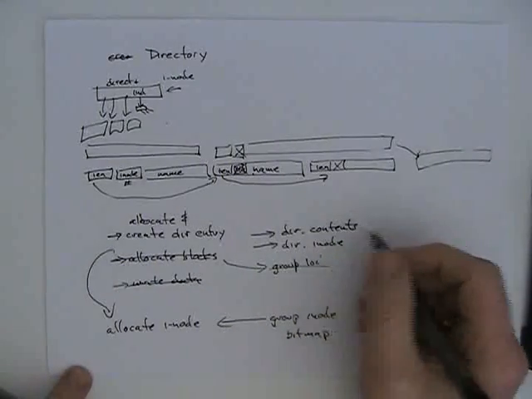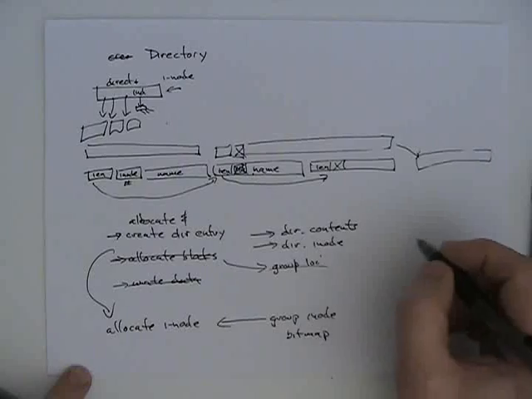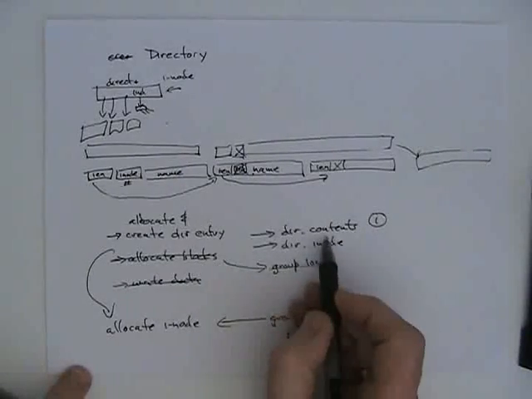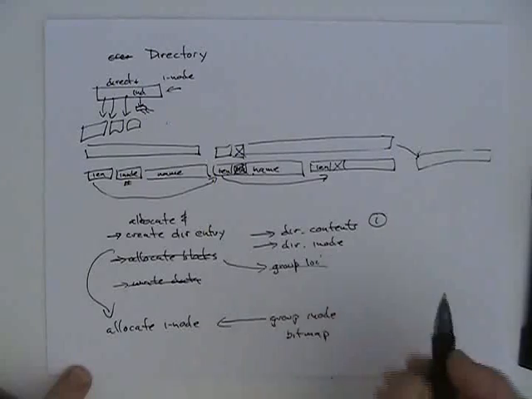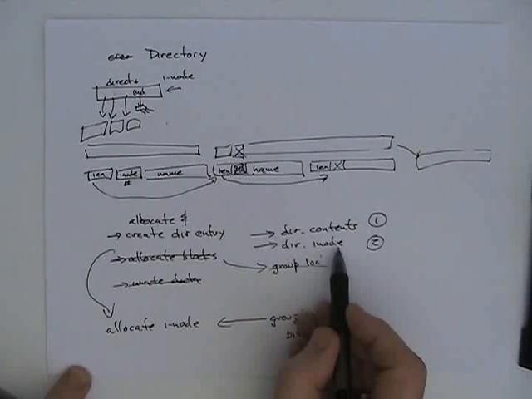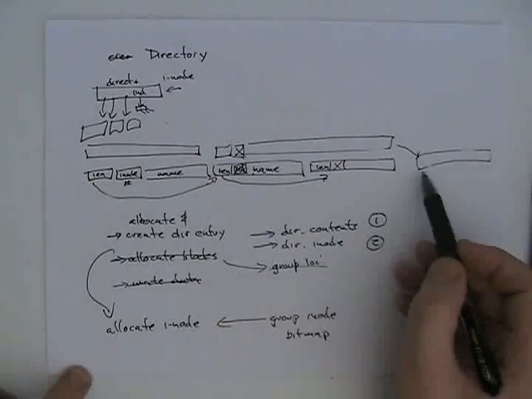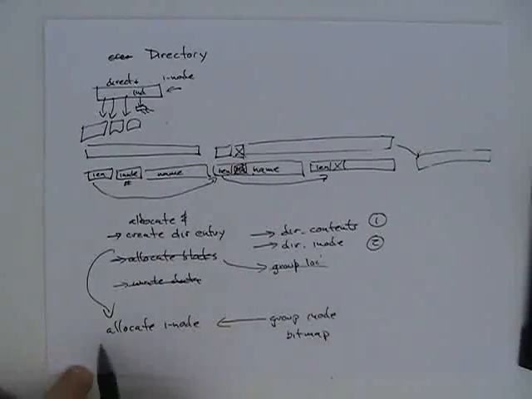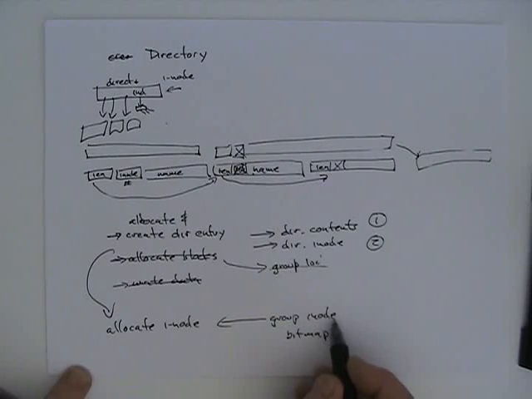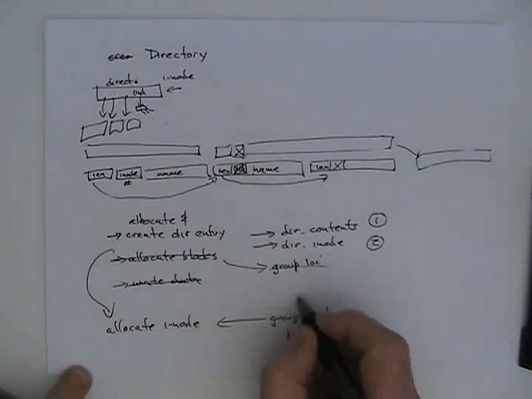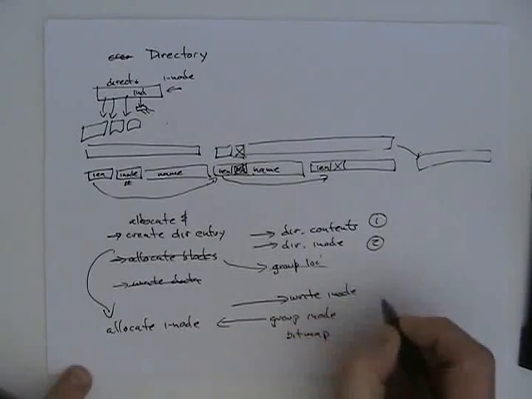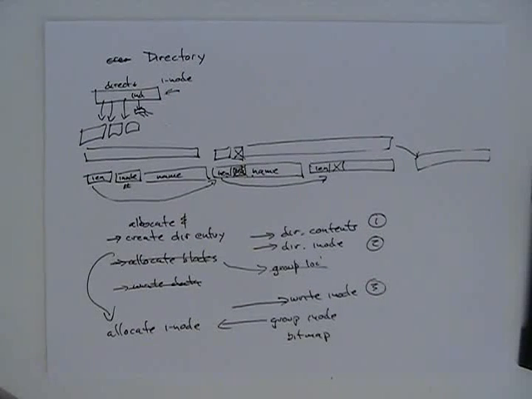That's going to update a data block containing directory contents. It's going to update the inode for the directory with at least the modification time, and possibly, if we've allocated another block. And it's going to update the inode for the file itself.